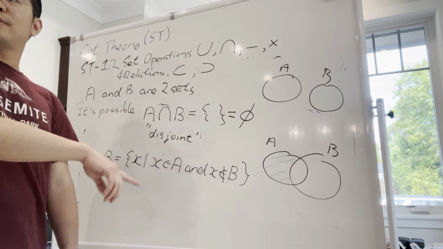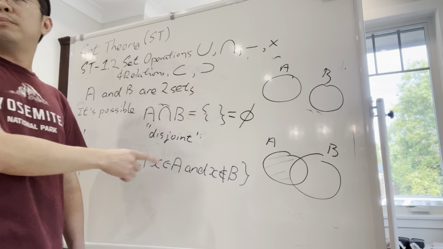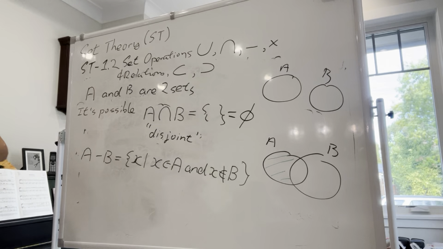Again, let me just reiterate, this is kind of what helps us to remember what it means, but A and B can be in any of the 4 configurations that we talk about.